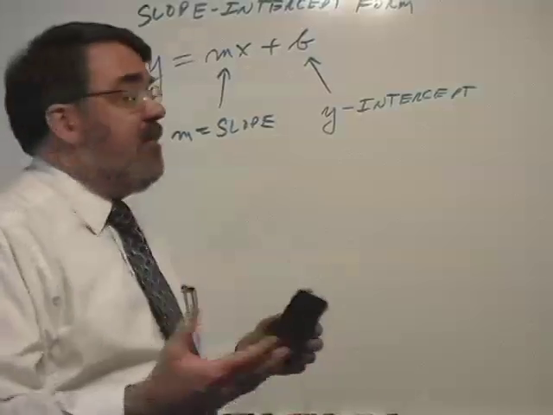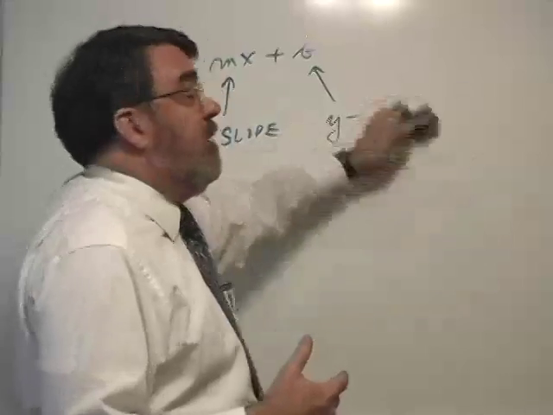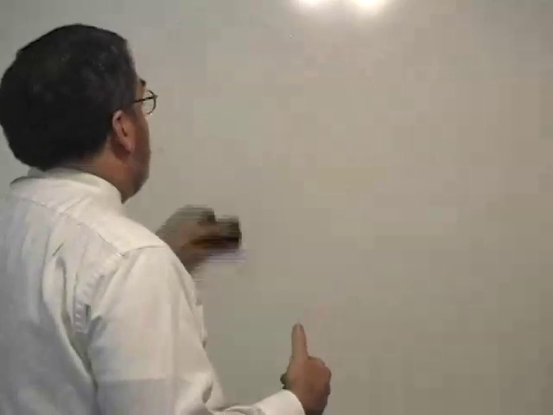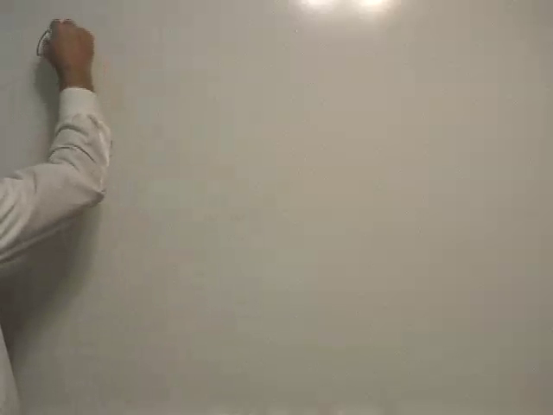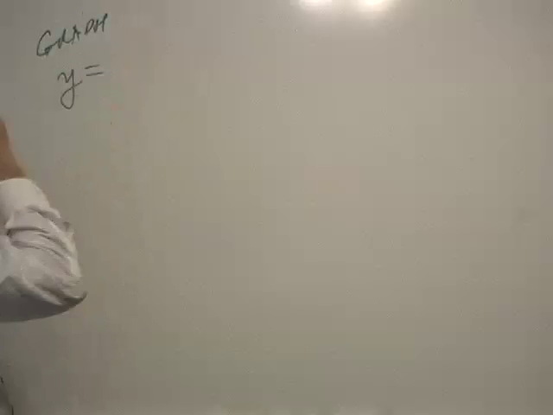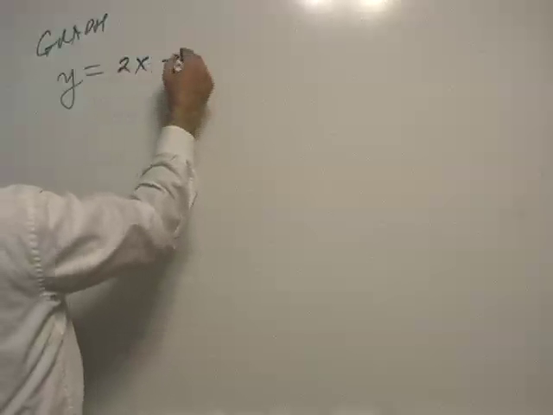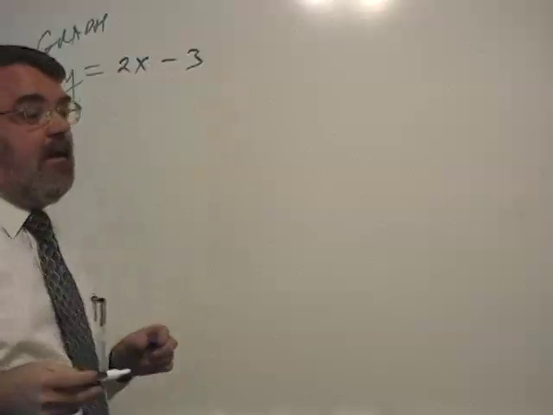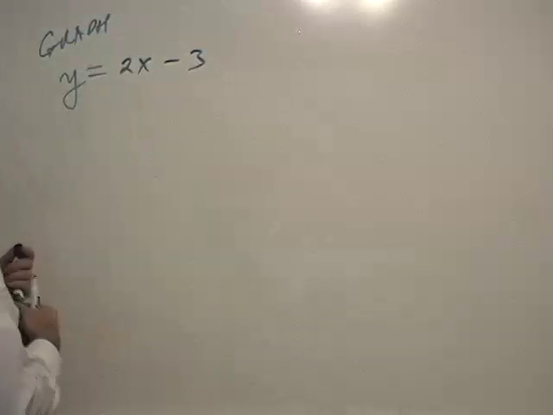Now, once you know how to work with slope, then if your line is written in slope-intercept form, you can just graph it quite quickly. For example, let's graph y equals 2x minus 3. My slope is what?